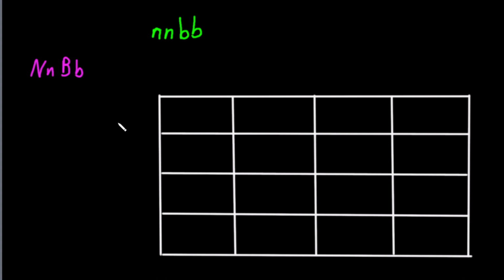Number 6 says to show the genotypes of the parents. Well, here are our genotypes. There's the genotype for parent 1. There is the genotype for parent 2. I'm just going to label these genotypes as P1 and P2.